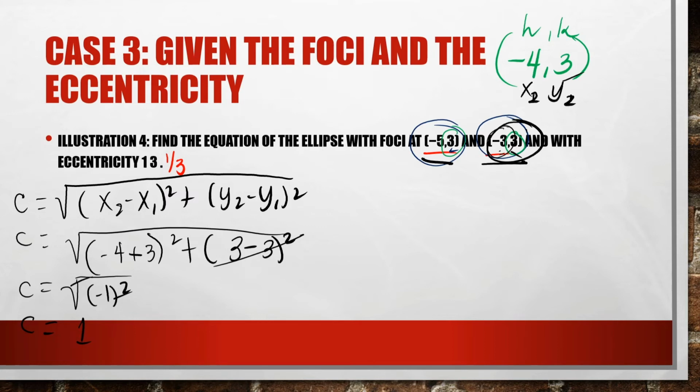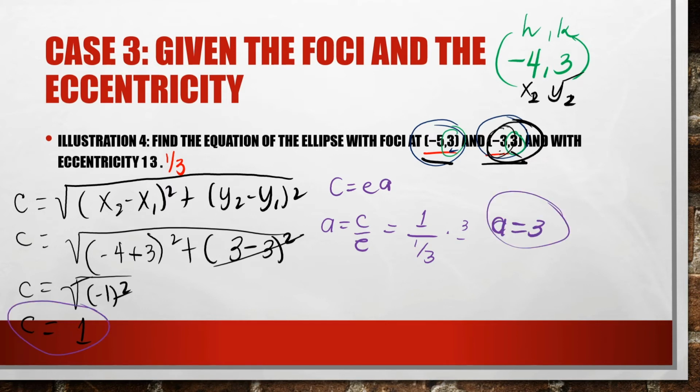The next is yung, given naman yung eccentricity which is 1/3. So, gamitin natin yung e equals c over a para mahanap natin yung a. So, yung a is equal to c over e. So, yung c is 1 over yung e which is 1/3. So, magiging 3 over 1. So, a is equal to 3.